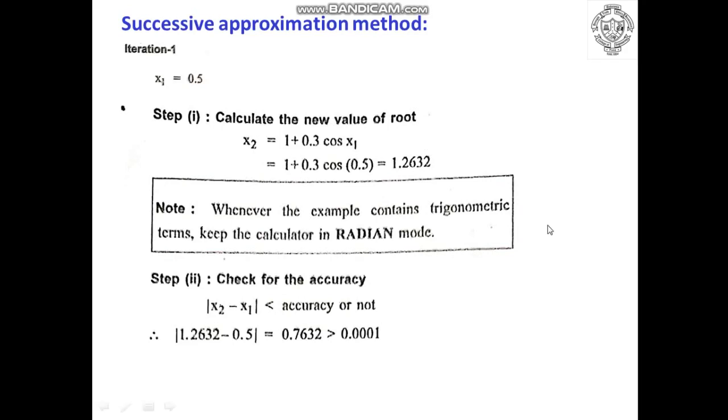So I'll consider the absolute value of subtraction between 1.2632 and 0.5. The answer is 0.7632, which is greater than 0.0001, that is desired accuracy. So I can go for next iteration.